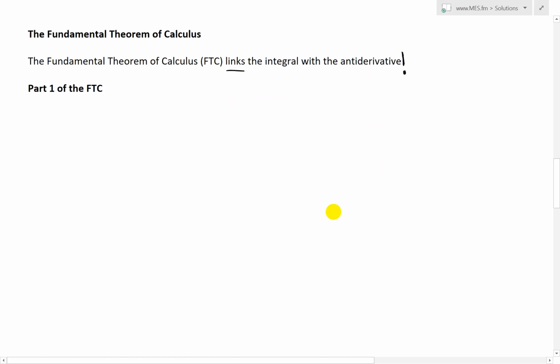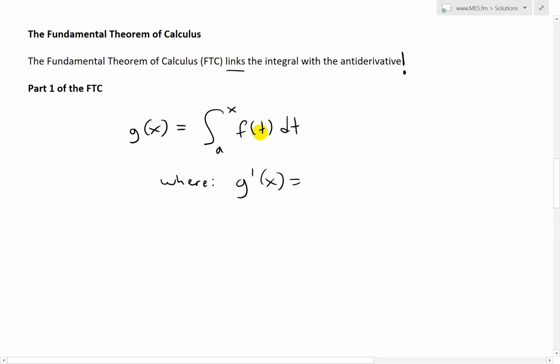Part 1 of the FTC states that g of x is equal to the integral from a to x of f of t dt. This is just a change of variable because we have an x there. Basically g prime of x, the derivative of g of x, is equal to the integrand, with the variable changed, f of x.